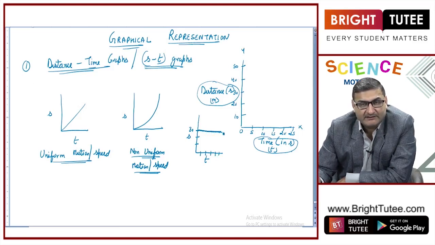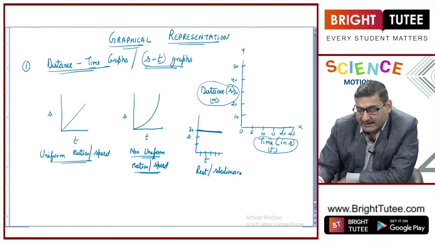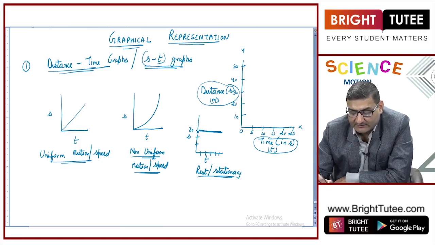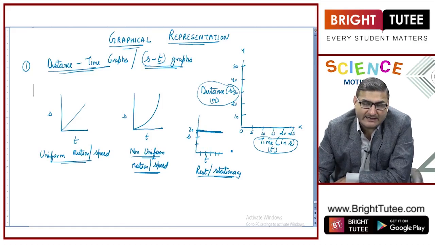That means, with the passage of time, the object is not covering any further distance. This particular graph shows that now the body is actually at rest, or the body is actually stationary. At this point in time, when we see this graph, we see that no further distance has been covered by the object or the body with the passage of time.